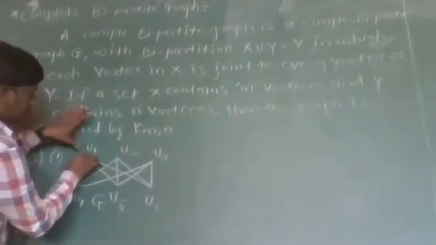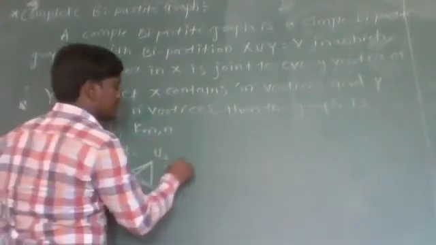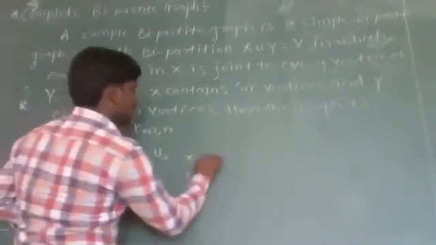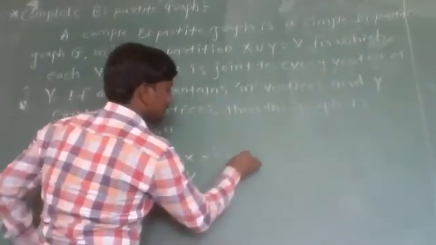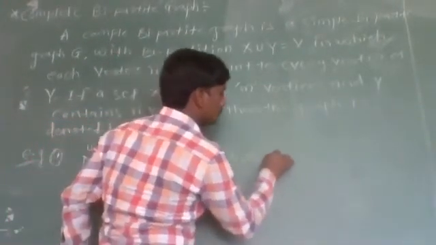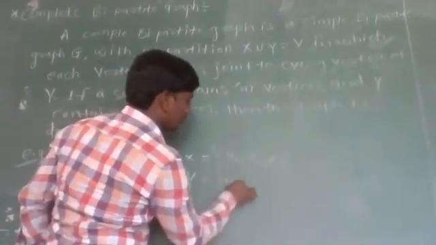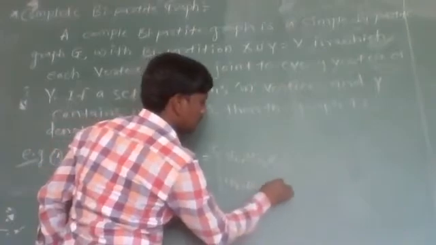Here is a graph G with 6 vertices, and now we have to find the subsets X and Y of a vertex set of a graph G. So X contains u1, u2, u3, and subset Y contains u4, u5, and u6.